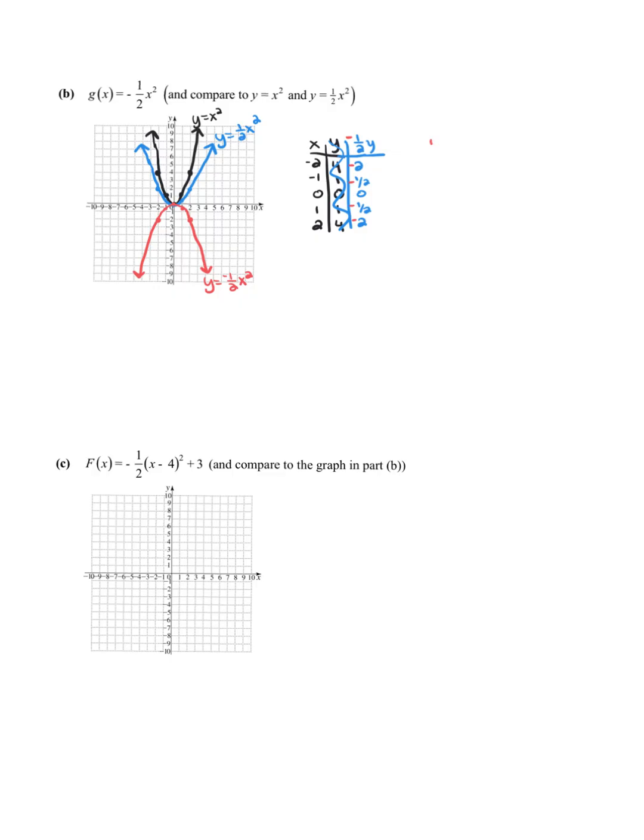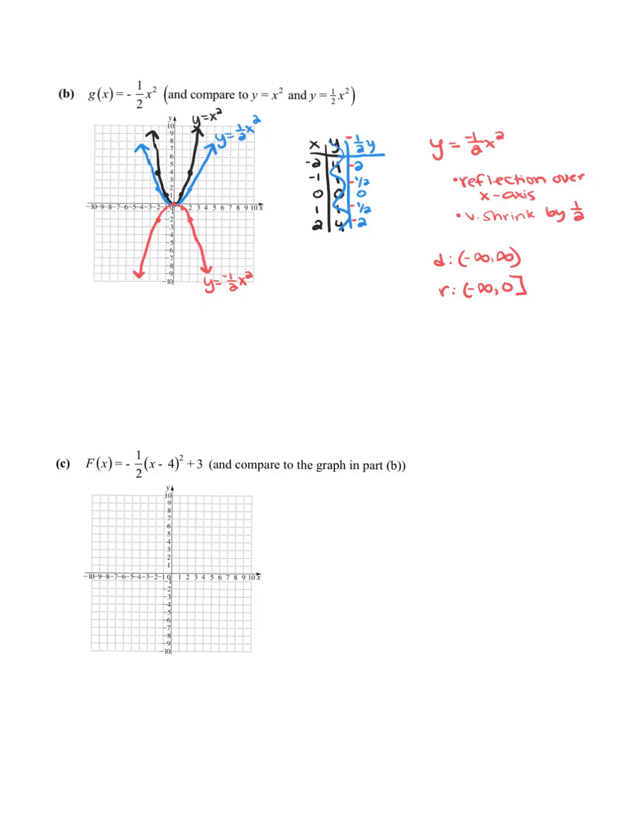All right, so y equals negative 1/2 x squared is a reflection over the x-axis, a vertical shrink by 1/2. And then the domain would be negative infinity to infinity, and the range would be negative infinity up to 0.